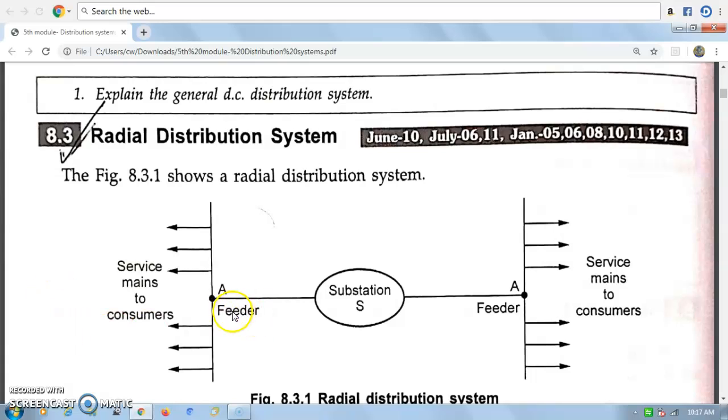When generation is at low voltage and the substation is at the center, a fault on a feeder or the distributor interrupts the supply to the consumers connected to the respective distribution system. You can avoid this by modifying this system.